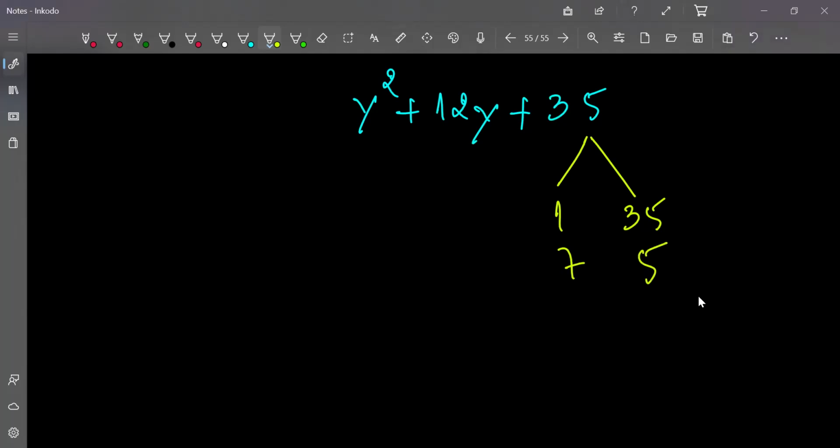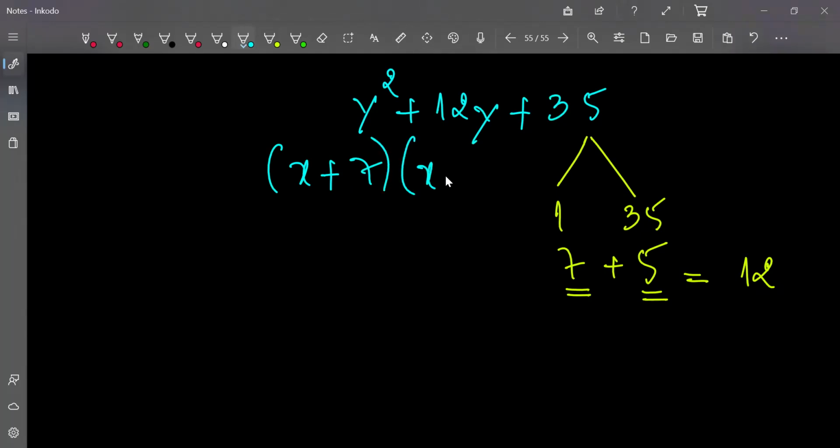Okay, you see that 7 plus 5 is equal to 12. So now these are the two numbers that we are looking for. So our expression becomes, oh sorry, (x plus 7) multiplied by (x plus 5). Okay.